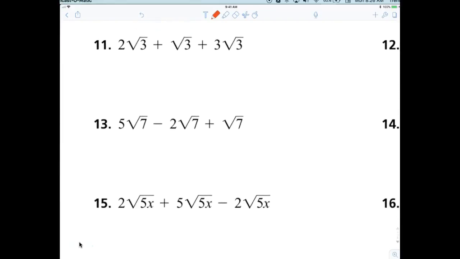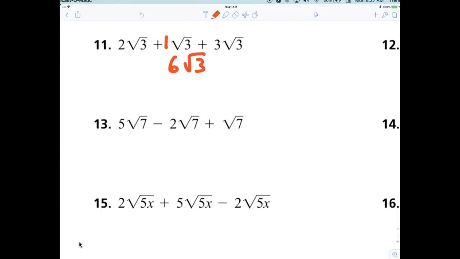On question number 11, remember we've talked about this extensively. There's an understood 1 in front of x. That's 1x. So in this case, if you want, put a 1 there. That's like 1 radical 3. So altogether we have 6 radical 3.